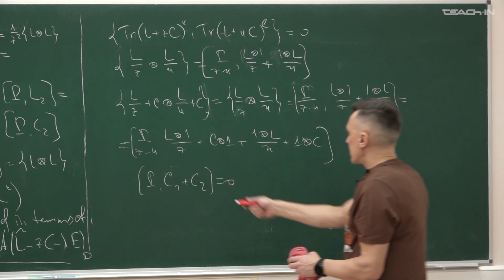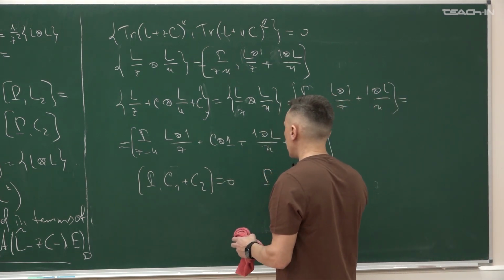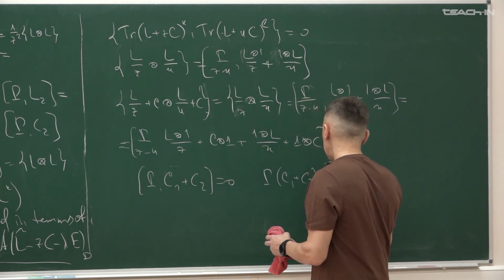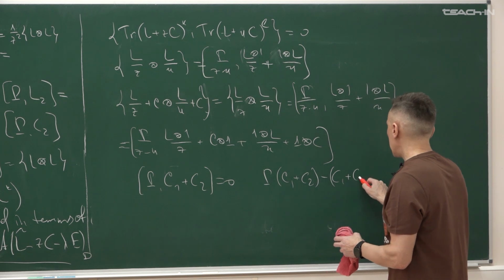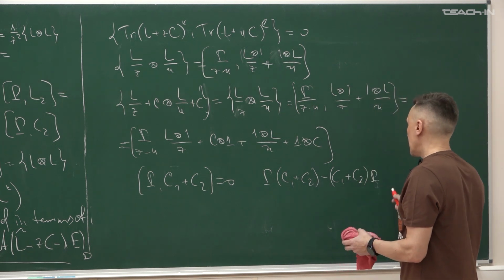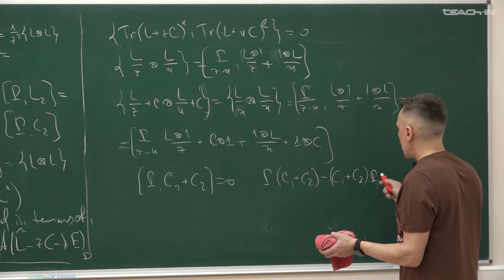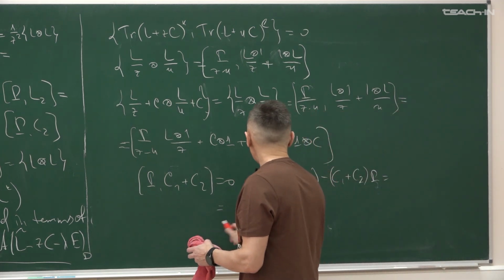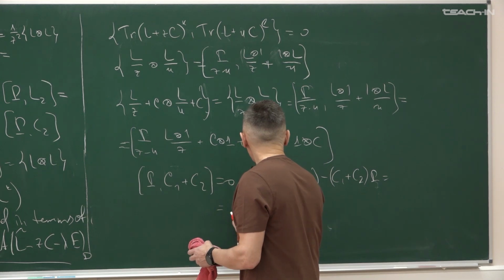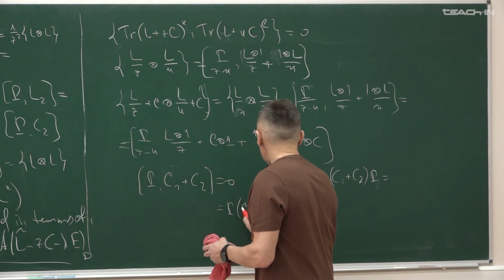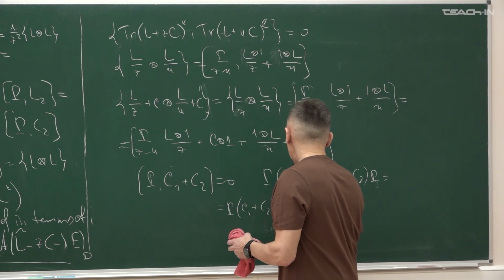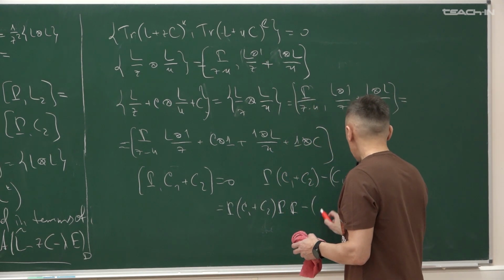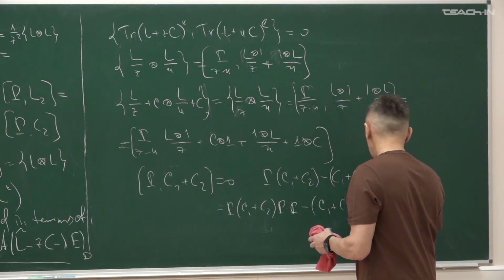Okay, and this is right because of the following consideration. So what is it? I will write it as follows: (C1 plus C2) P, because P is an involution.